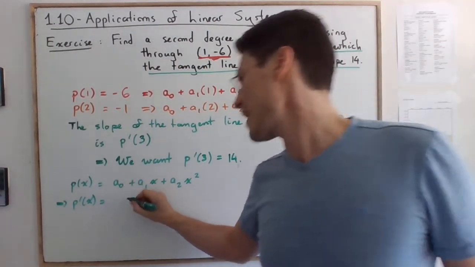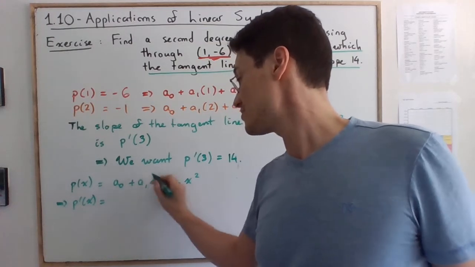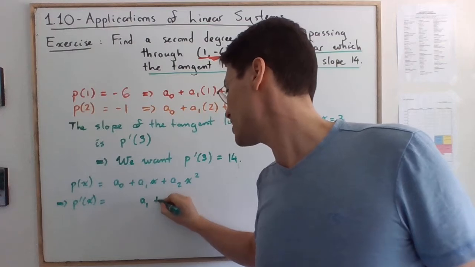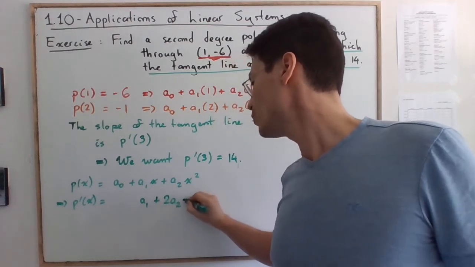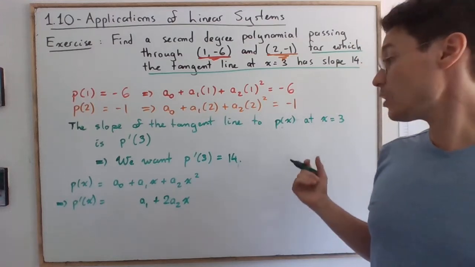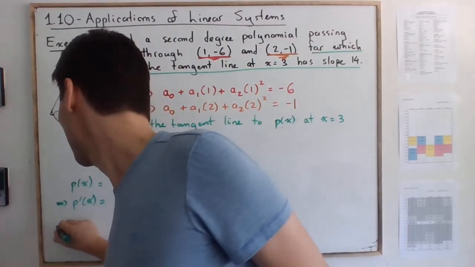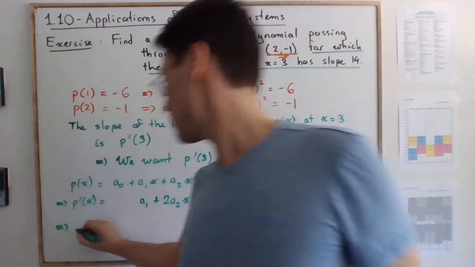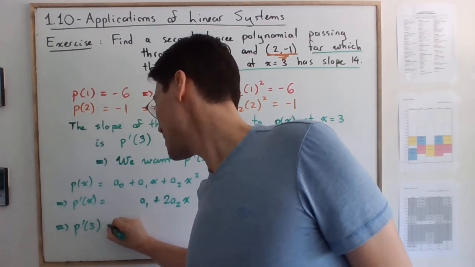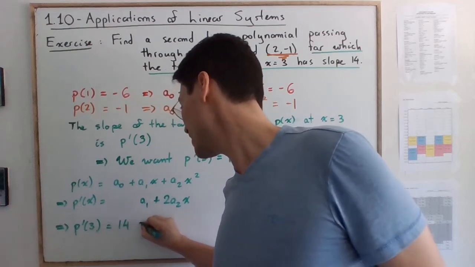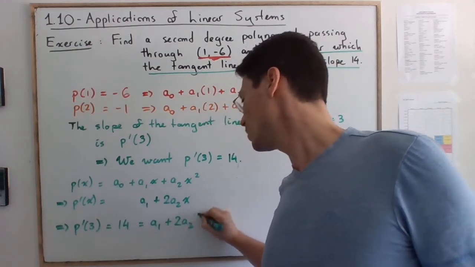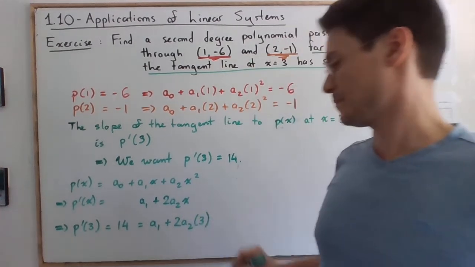This differentiates to 0, this differentiates to a1, and there you have plus 2a2x. We'll get the third equation from here. Replacing 3, we know that p prime of 3 must be equal to 14, and this is equal to a1 plus 2a2 times 3.